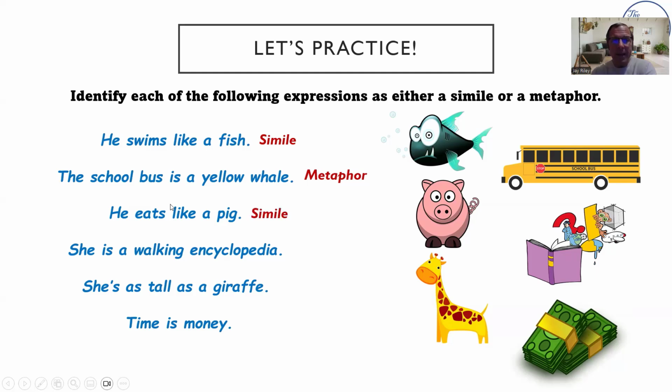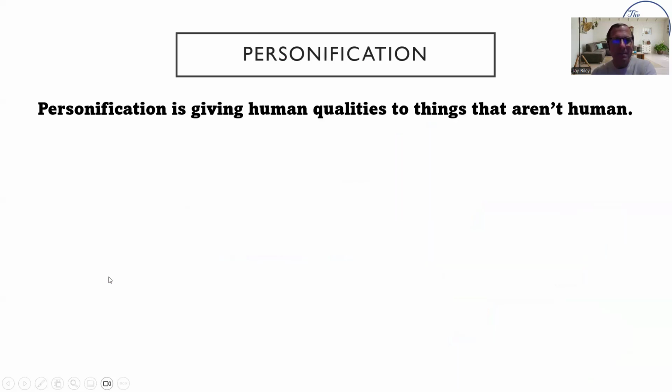He eats like a pig is a simile. She's a walking encyclopedia. That's a metaphor. He's as tall as a giraffe is a simile, and time is money is a metaphor. Some of my favorite metaphors there: she's a walking encyclopedia and time is money.